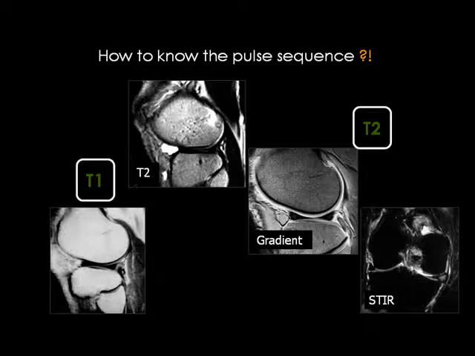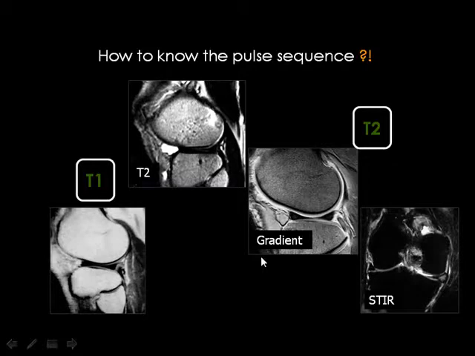Then you can see that here the fat is more black, and this is also T2. And here you can see the fat is very dark, and this is also T2. Whenever you see that the fat is black, this is T2. But according to the color of the fat, we have three types of T2. The first one is the usual T2.